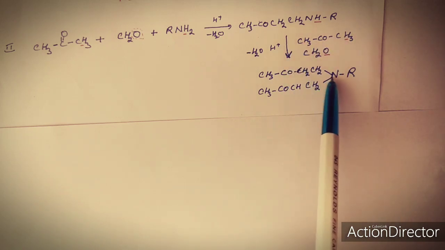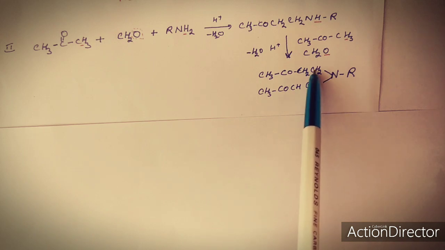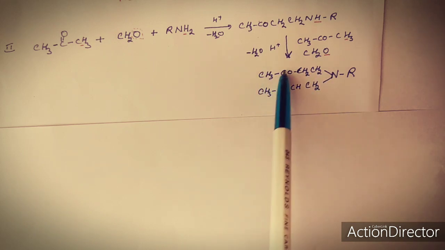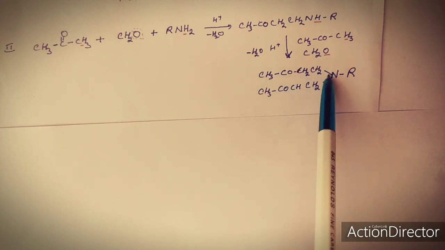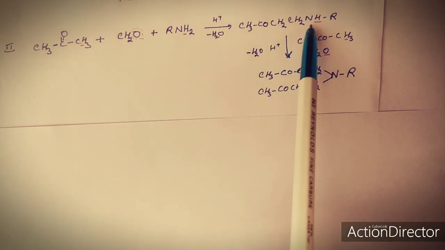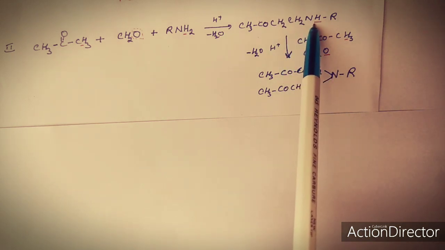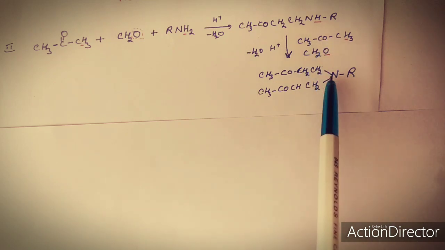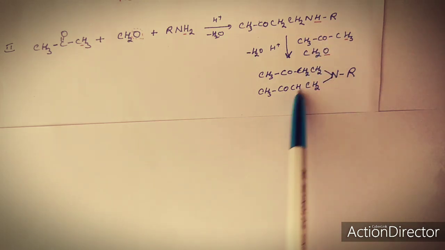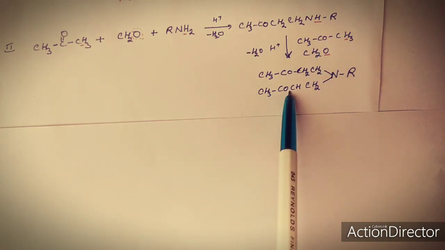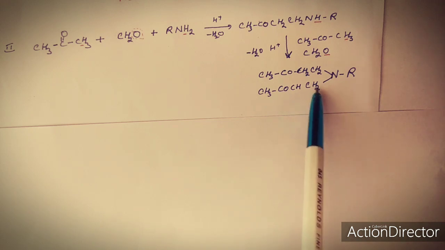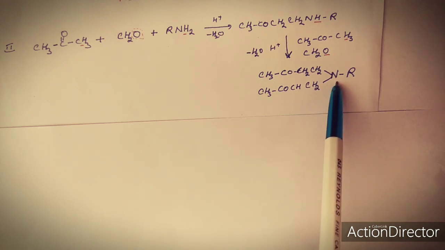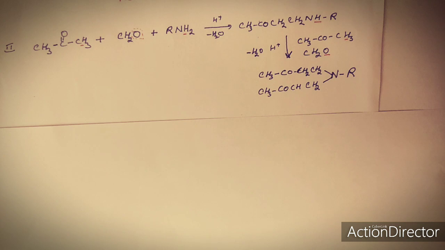So we will get, until the other hydrogen is removed, in short we can say, CH3, CO, CH2, CH2N. This was from the first step of the reaction, and because we have got another acidic hydrogen, this will be replaced by this CH3, CO, CH2, CH2N. So we will get a di-substituted product.